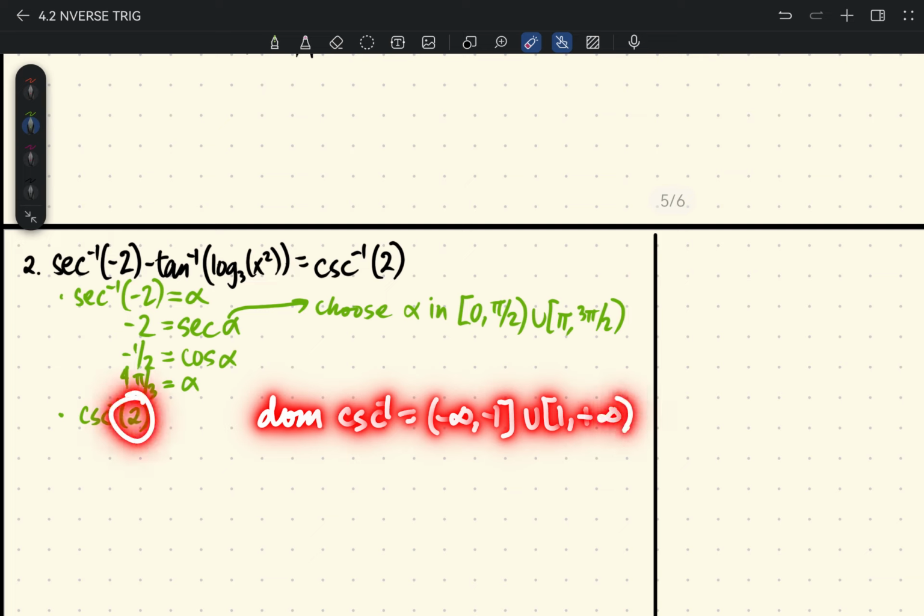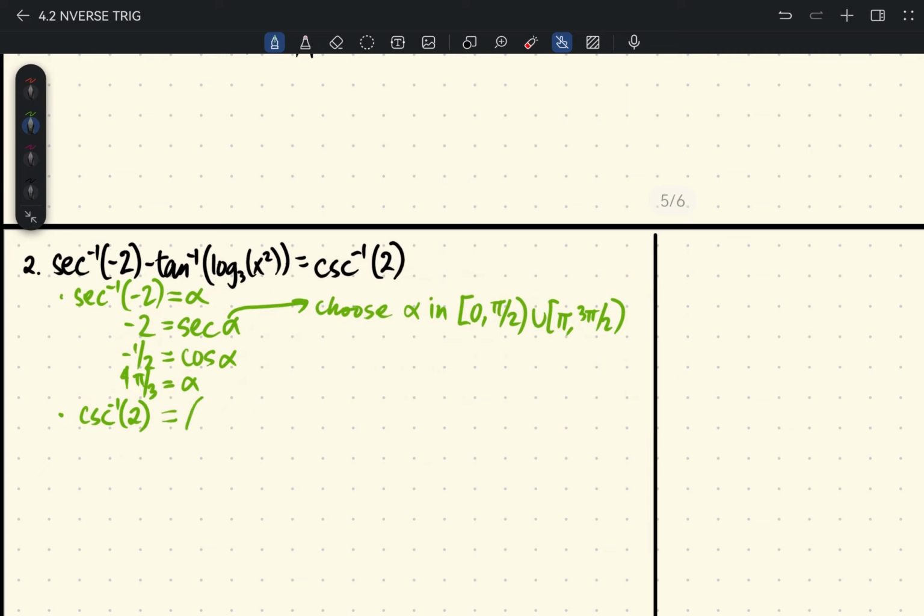And 2 is clearly inside this domain. In particular, it's in this interval. So we can let this be beta and apply cosecant function to both sides to get cosecant of beta equals 2. And this just means that sine of beta equals 1 over 2.